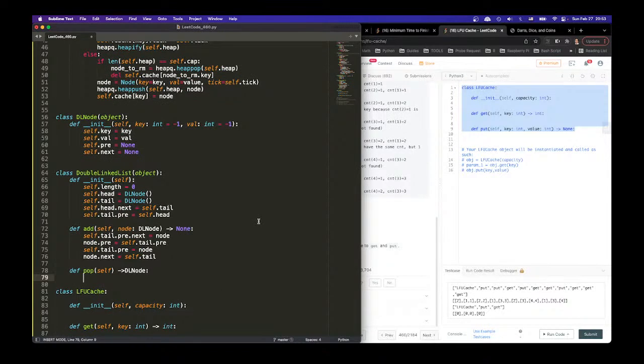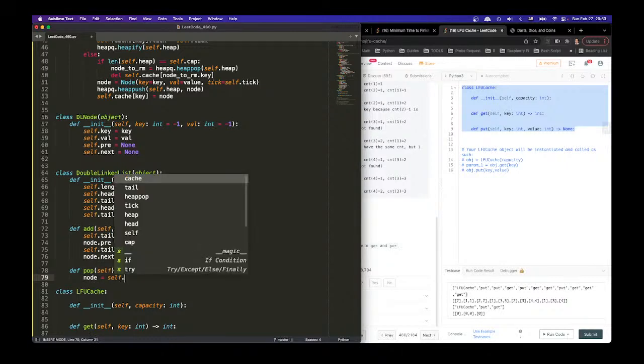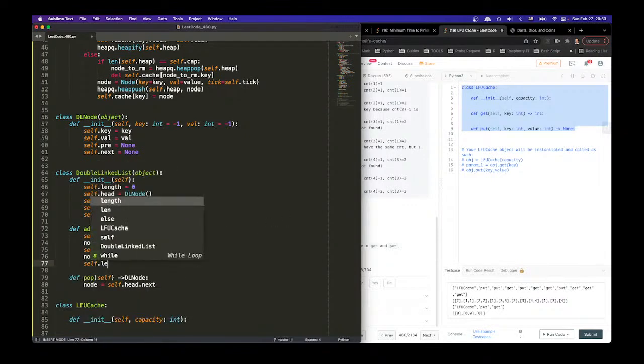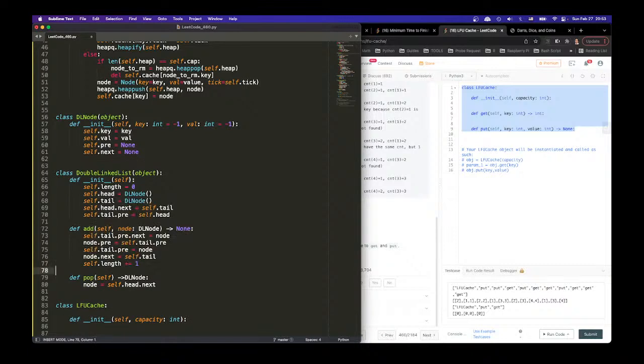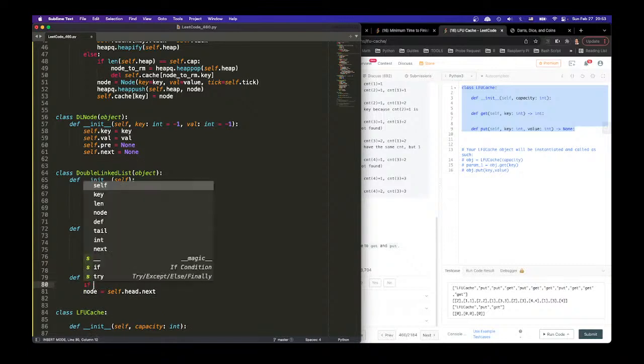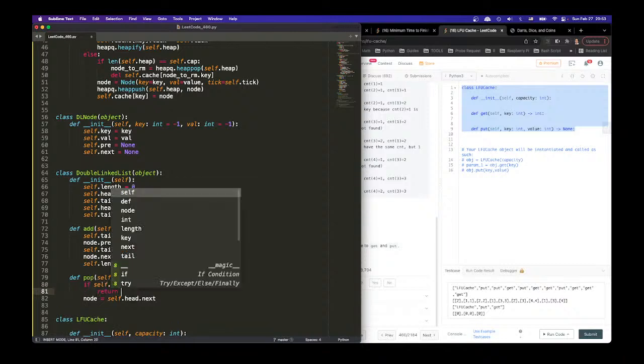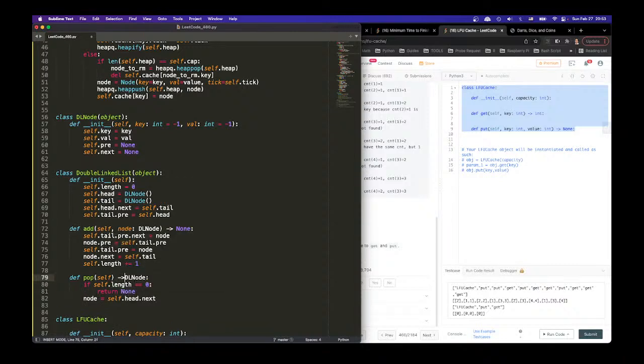So we always pop the front, which means node will equal self.head.next. Right? Oh, my bad. One more thing. Self.length minus equal 1. And if self.length is equal to 0, return None. Then we have to be Optional.